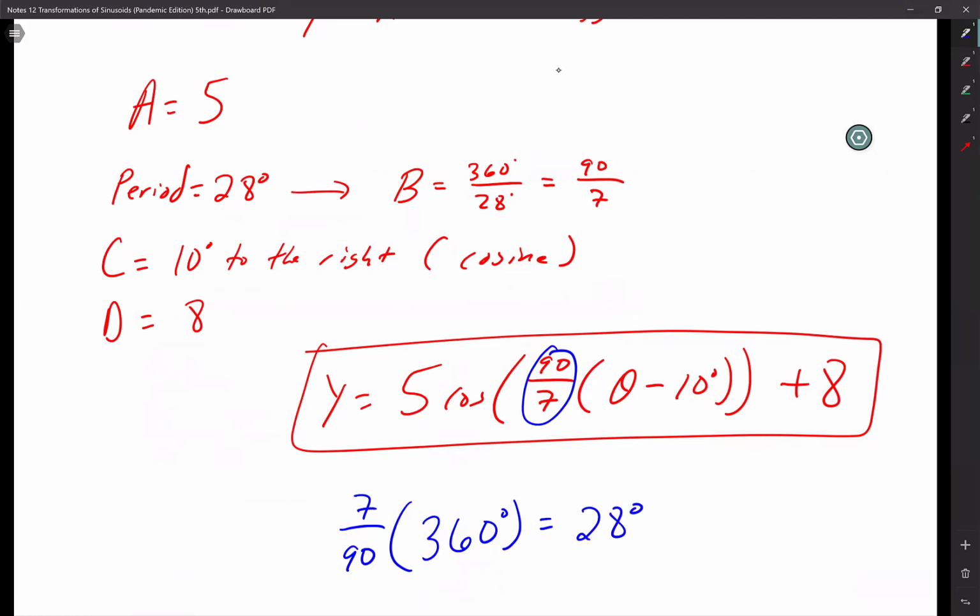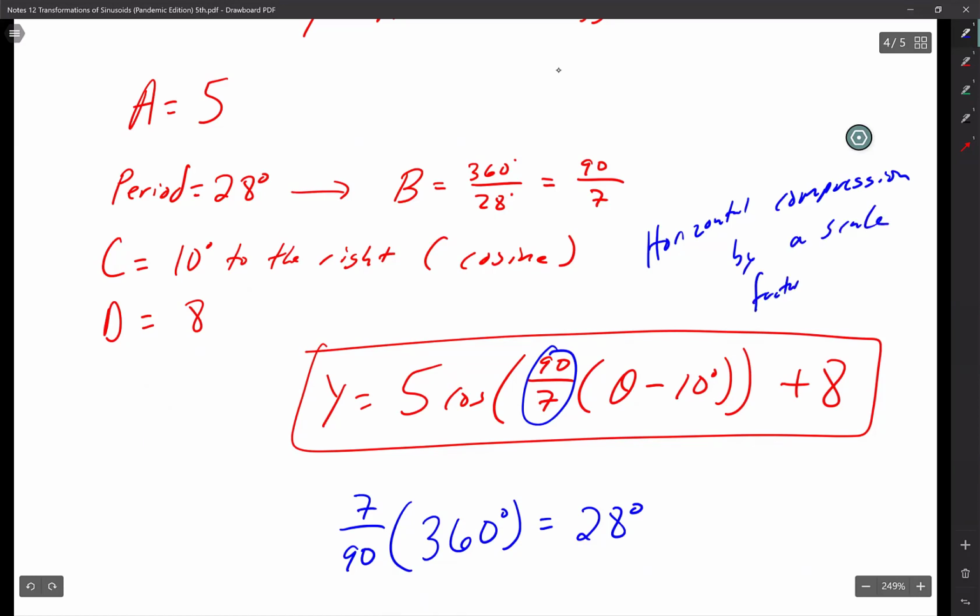Do you guys see how all this is coming together? This is a horizontal compression by 7 over 90, by scale factor. And where am I getting the 360 from?